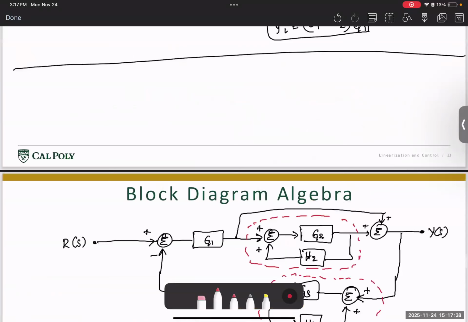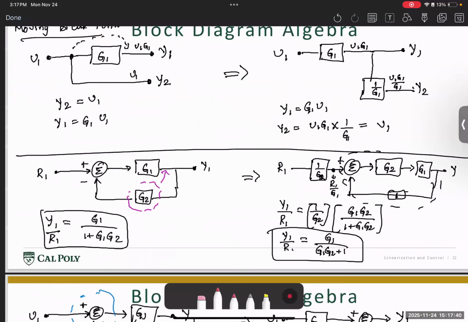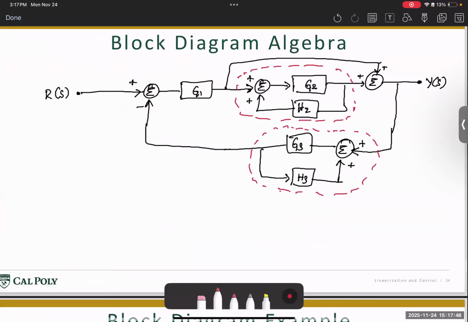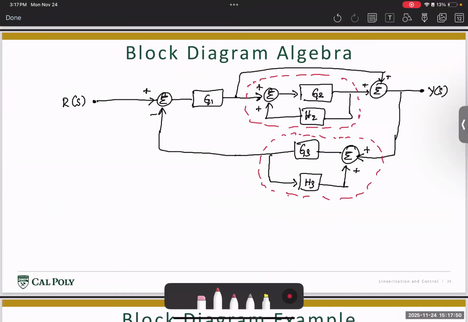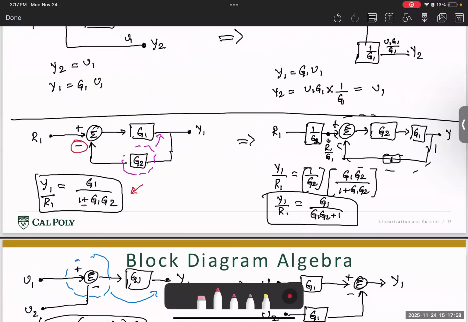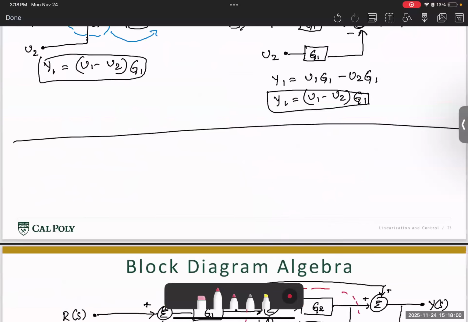We know that for a typical feedback system, the gain is given by G1 divided by 1 plus G1 G2. Notice here it had a negative sign, while if we go back here, both of them have a positive sign, which means if this is positive here instead of negative, then in the denominator we'll have a negative here instead of the positive.